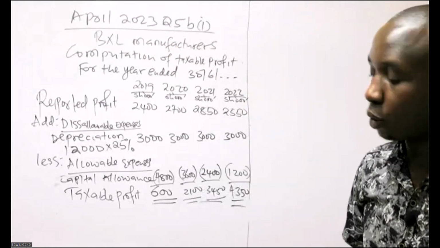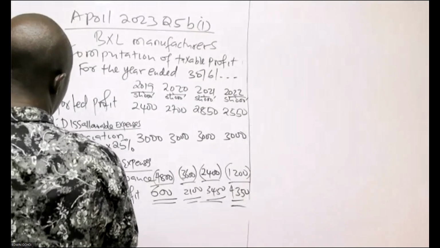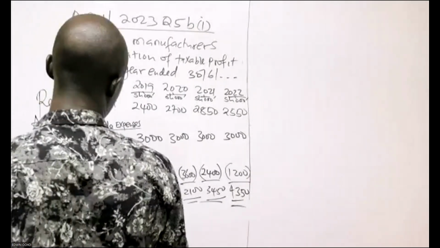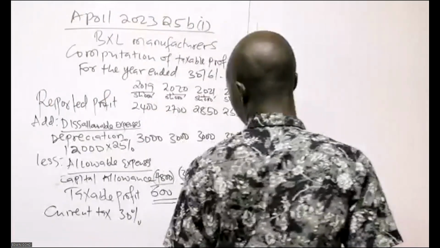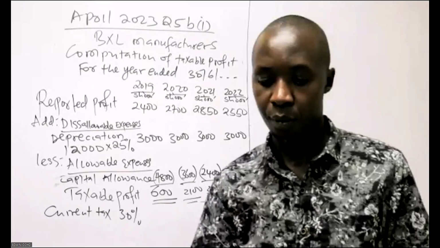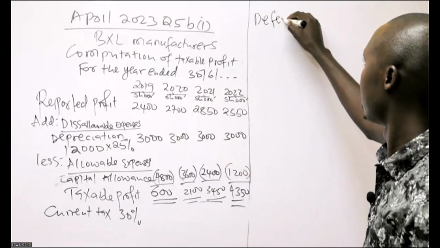Remember that if you were to determine current tax, you could have determined it at this level. You could have just multiplied 30% with your taxable profits. Now I need to introduce a bit about deferred taxes.